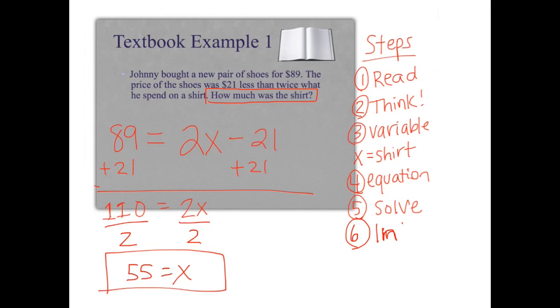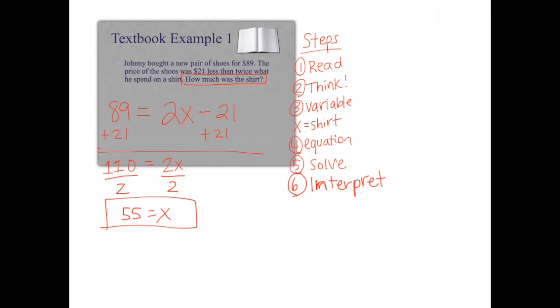Step 6, interpret. Wow, interpret. Okay, so we can't just say x is $55, woohoo! Okay, we need to relate it to our problem. So what was x? Well, if we look back up here, we said that x was our shirt. So our question we were trying to solve was how much was the shirt?